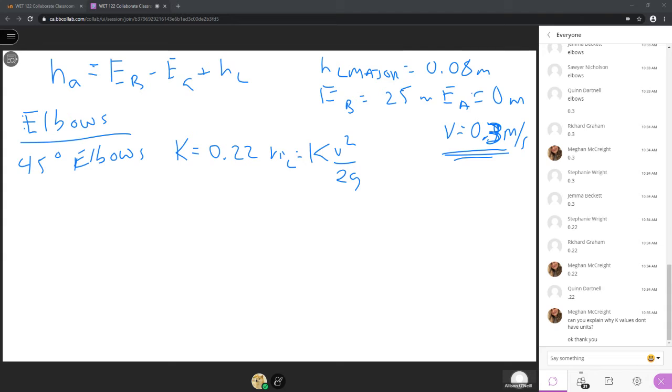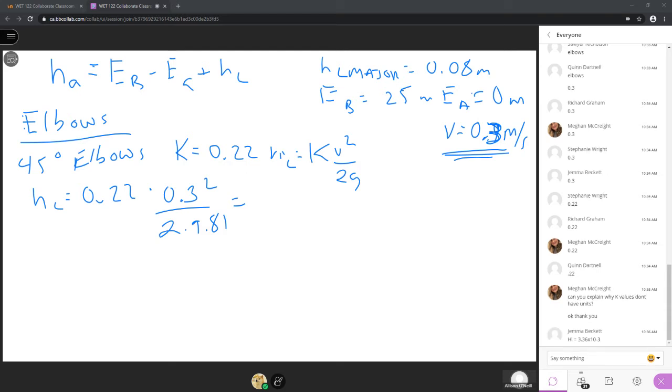So in this case, our head loss is going to be equal to 0.22 times our velocity, which is 0.3, squared, over 2 times 9.81. And we end up with something really super tiny.